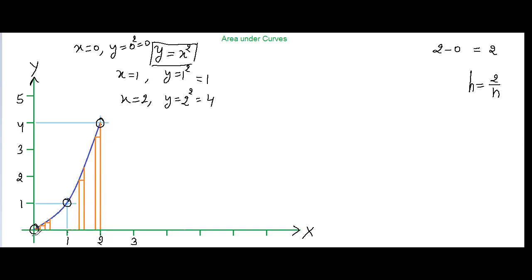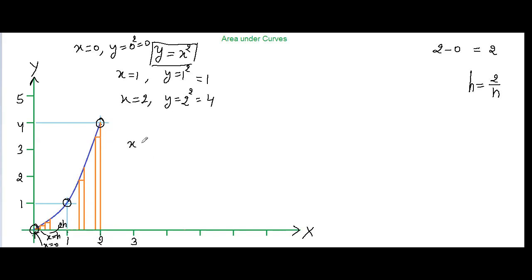Now for the first rectangle, x is equal to 0. For the second rectangle, x will be h. For the third rectangle, x will be equal to 2h.